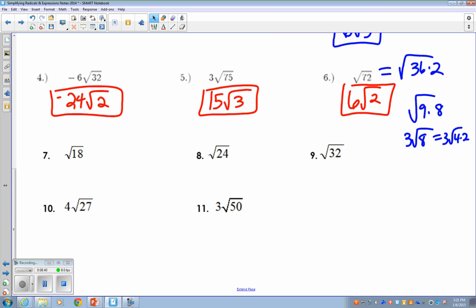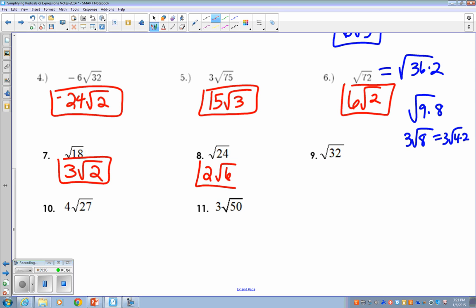Okay, all right. So, Kosi, what'd you get for number 7? 3 square root of 2? Yeah, okay. Charles, what'd you get for 8? Yep, 2 root 6. 2 square root of 6. All right, number 9. Mason, what'd you get?